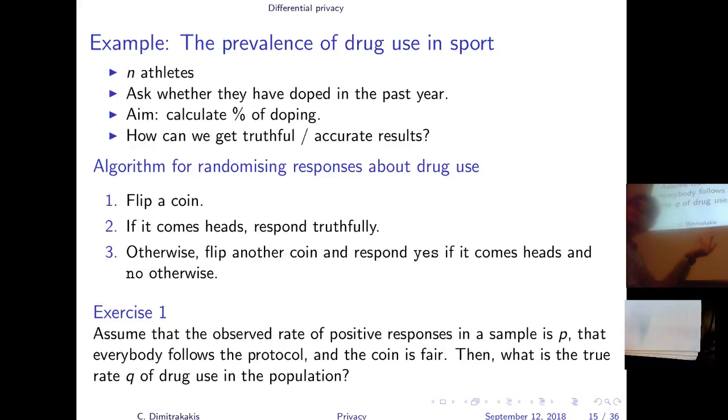It's easier if you start backwards. So if you know Q, then what would you get in expectation for P? If you knew Q, then what is the expected value of P?